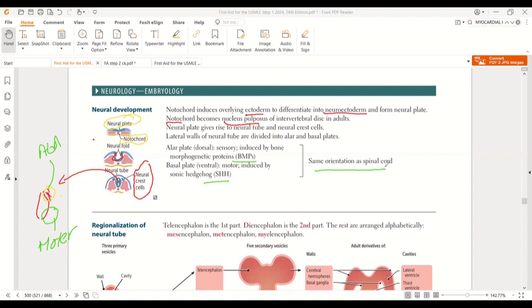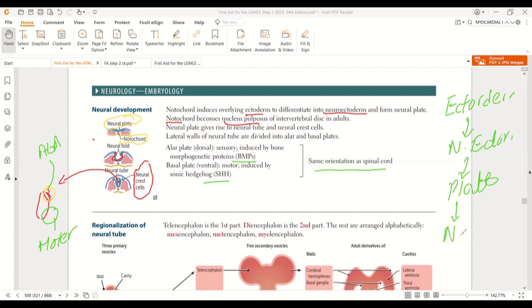So again, a revision. The ectoderm converts into neuroectoderm, right? This neuroectoderm forms the neural plate. This neural plate forms neural folds.